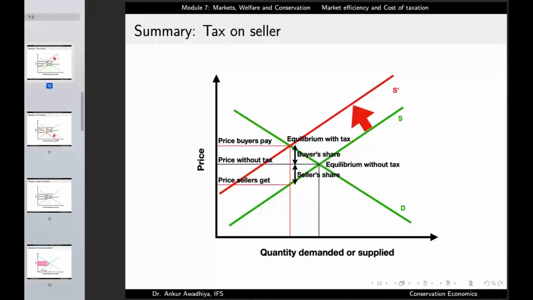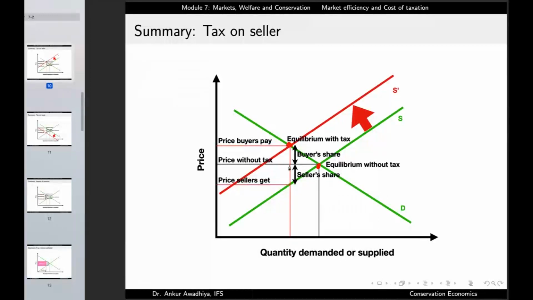Earlier the equilibrium was at this point, and now the equilibrium has shifted to this point where the red curve, the new supply curve, and the demand curve intersect. So this is the equilibrium without the tax, and this is the equilibrium with the tax. Earlier this was the price without the tax, the price that the buyers were paying and the price that the sellers were getting.